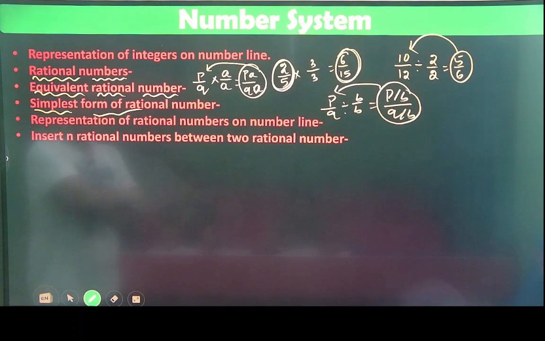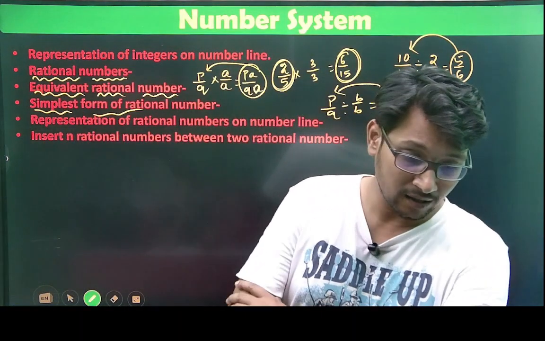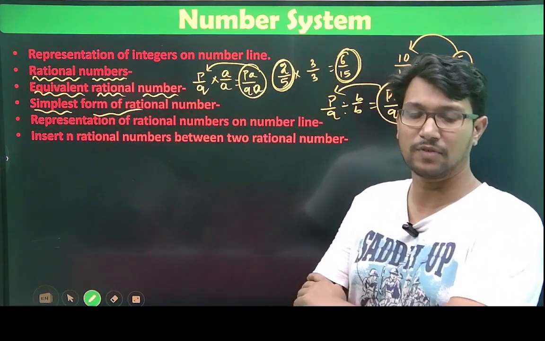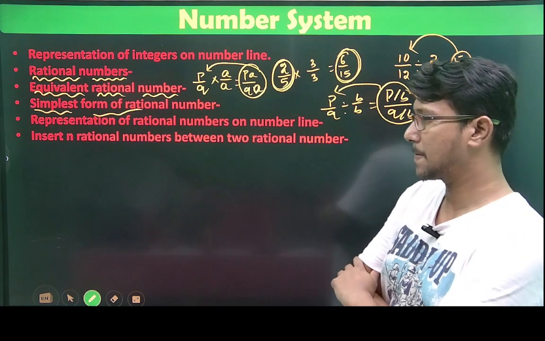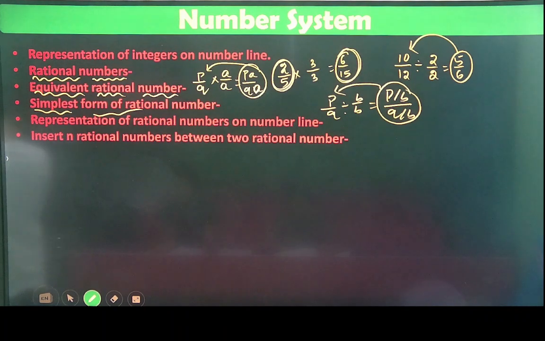Right. Now let us come to the simplest form of a rational number. Are you ready? Finish immediately. Over.